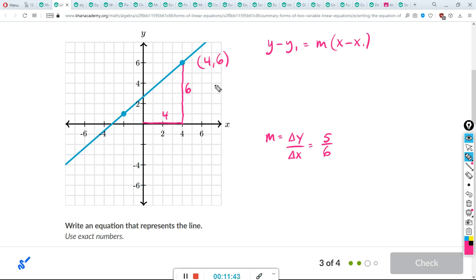So this is x1, y1. For x1, I'm going to plug in 4. For y1, I'm going to plug in 6. And for m, I'm going to plug in 5 over 6. So this is going to be y minus 6 equals m, which is 5 over 6, times x minus 4. That's it.